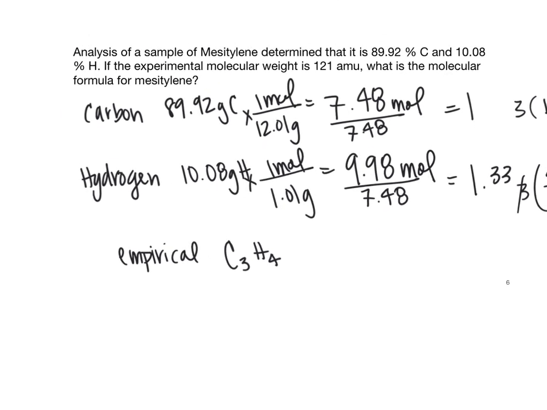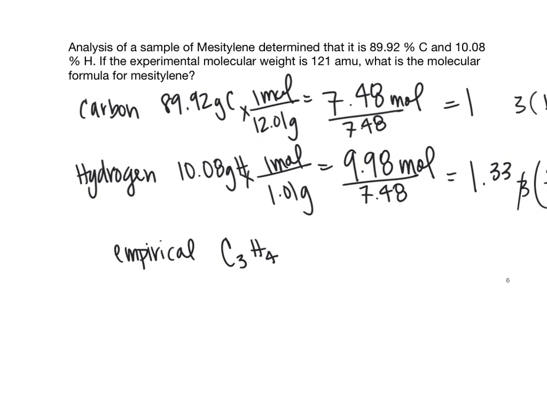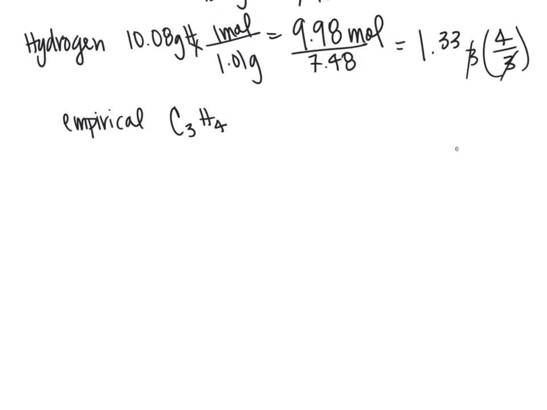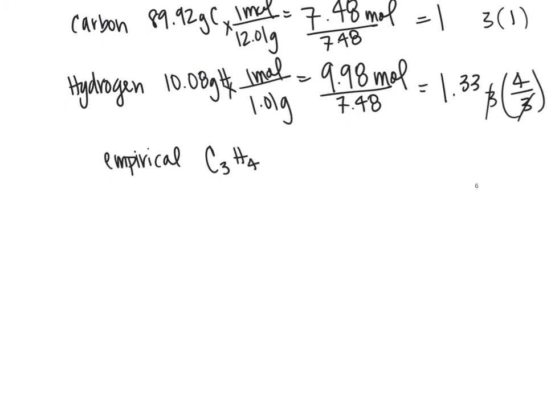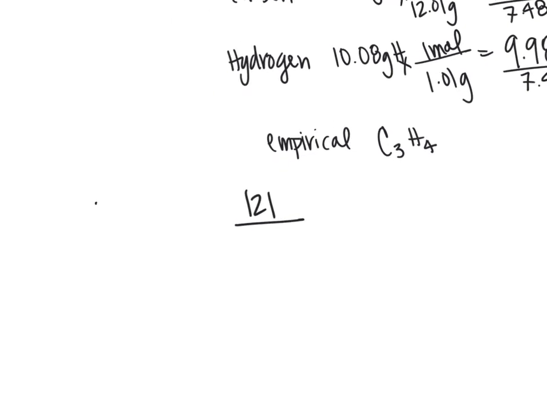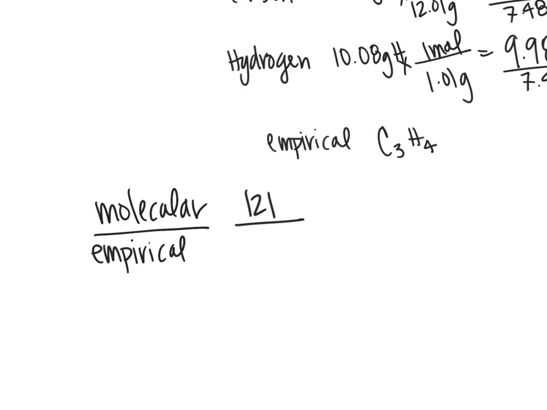But the question doesn't actually ask for that. It asks for the molecular formula of this compound. So now we need to take our molecular weight, which is 121, and divide. So if we remember, it should be molecular divided by empirical to give us a whole number.